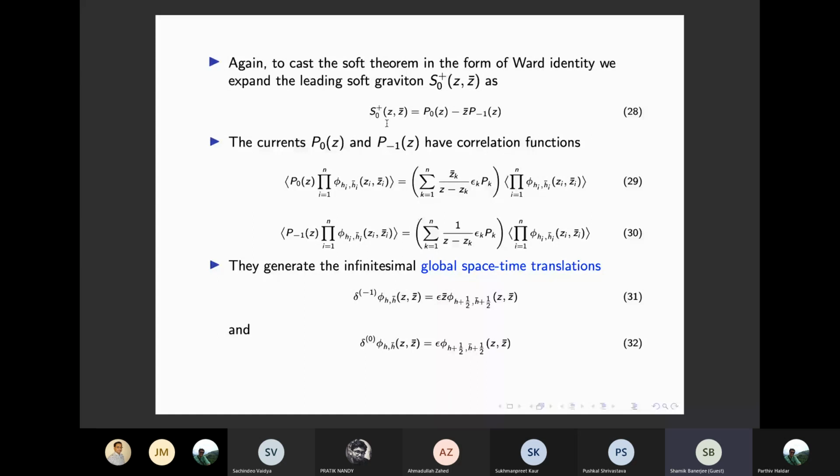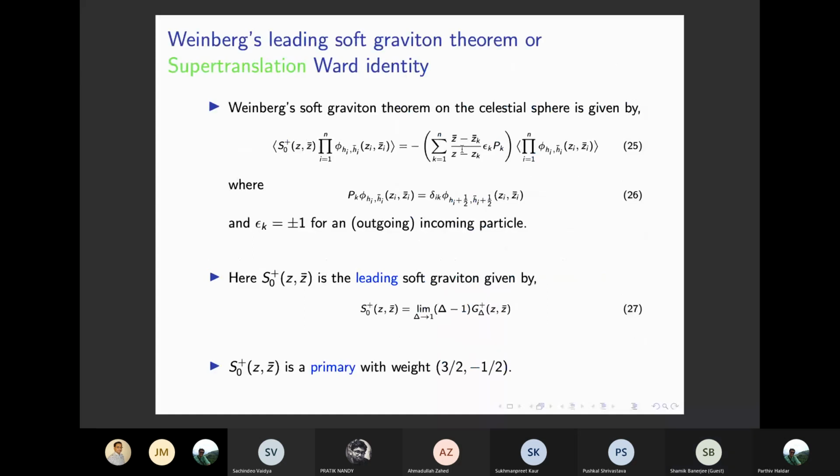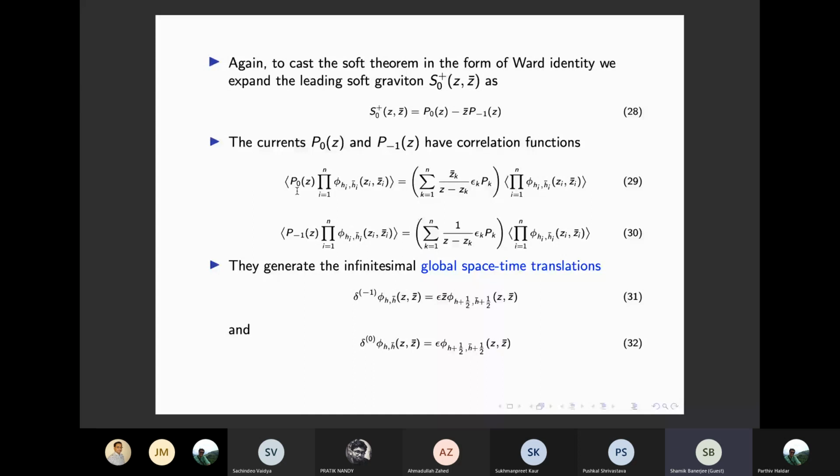So the expansion of S naught plus ZZ bar in powers of Z bar has this particular form. And then what you can do is substitute this expansion back into this, and compare powers of Z bar on both sides. What you get is that P naught Z, if you insert this, the correlation function of this P0Z with a bunch of phi's has this form.